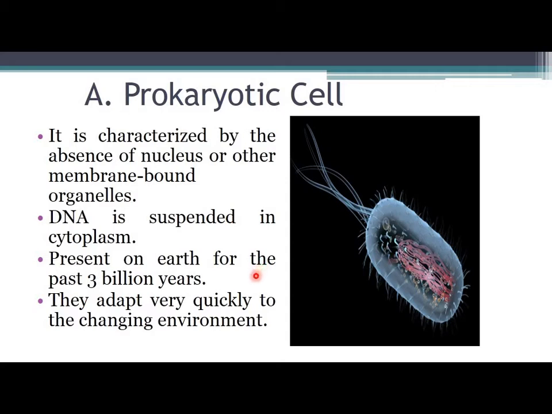Now, though prokaryotic cells are simpler, this type of cell has been present on Earth for the past 3 billion years. Imagine how long they have been here on Earth. They are the first cells that lived on our planet. We know that bacteria are one example of organisms made up of prokaryotic cell.